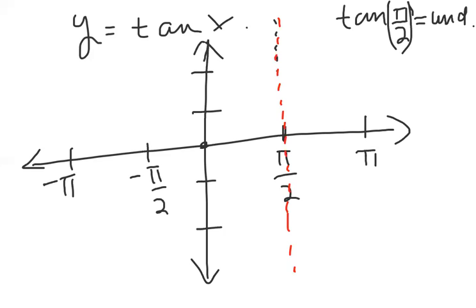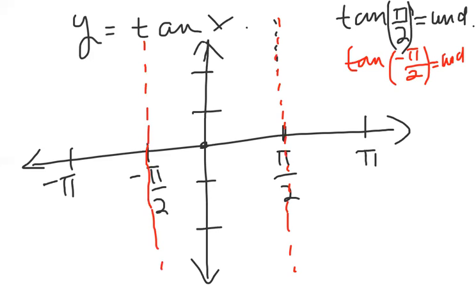That's a vertical asymptote. Now, what happens if you do tangent of negative pi over 2? Again, that one is also going to be undefined. So over here at negative pi over 2, you also have a vertical asymptote, guys. I think I'm only going to be able to graph one period, but that's okay. I just needed to show this to you.